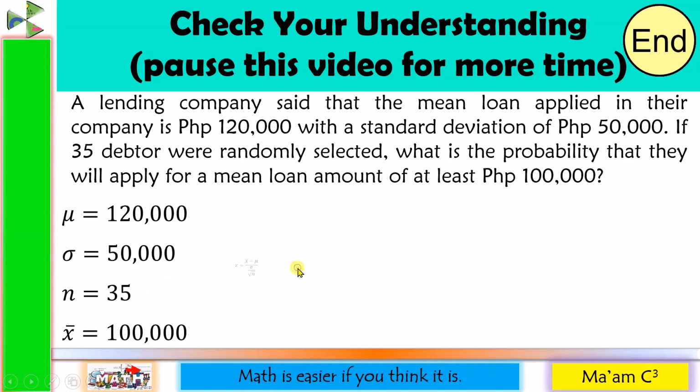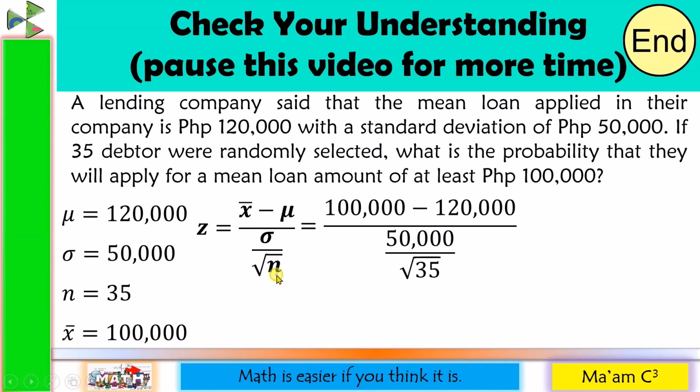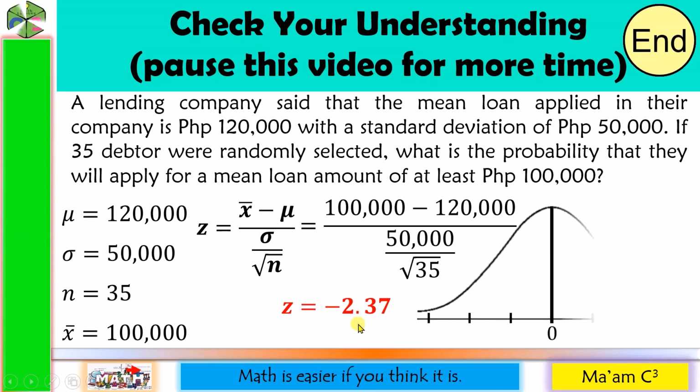We are going to make use of this formula. Let us substitute 100,000 for x bar, 120,000 for mu, 50,000 for sigma, and 35 for our n. And this will give us negative 2.37. Let us sketch the normal curve. Let us locate negative 2.37, negative 1, negative 2, then somewhere here is negative 2.37.